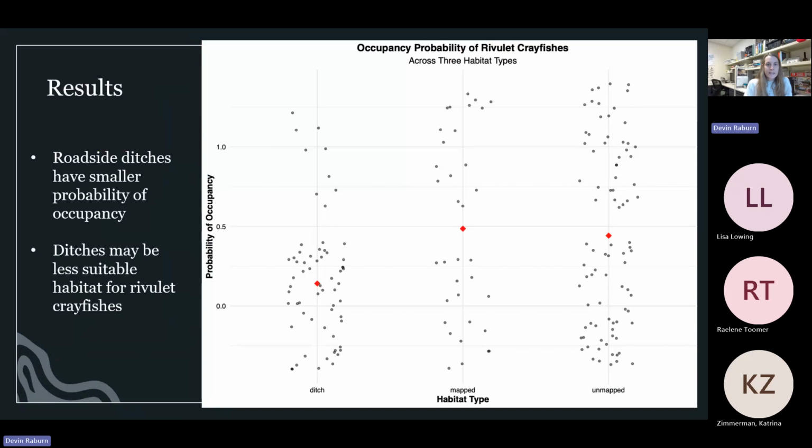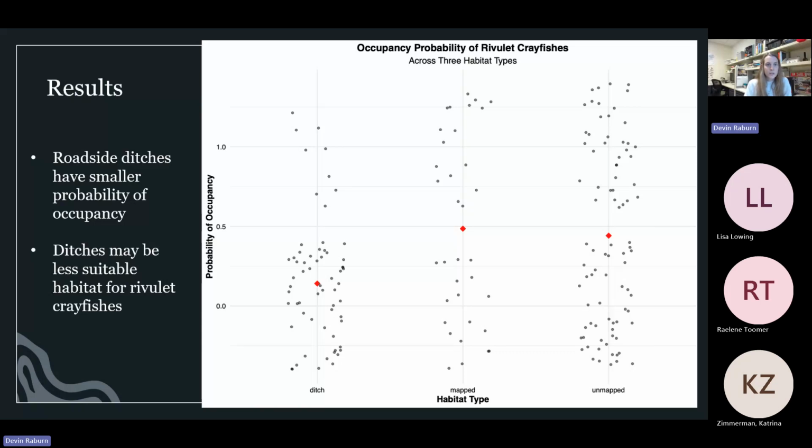And we can see that depicted in this graph here. We have habitat type on our x-axis and probability of occupancy on our y-axis. And then those red dots within the dot system for each habitat is the predicted probability of occupancy.